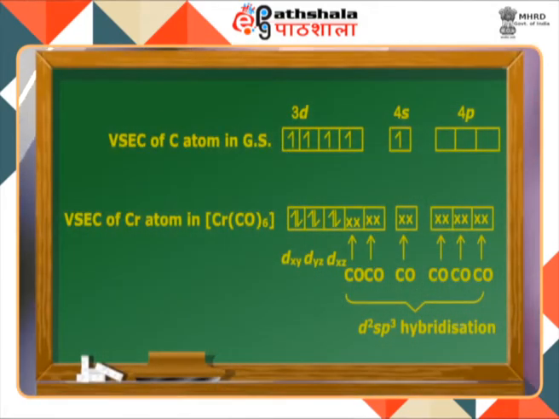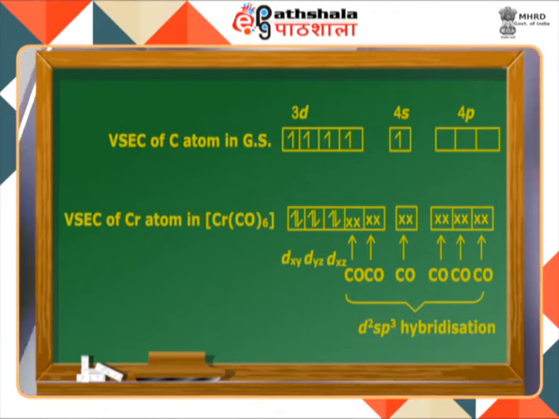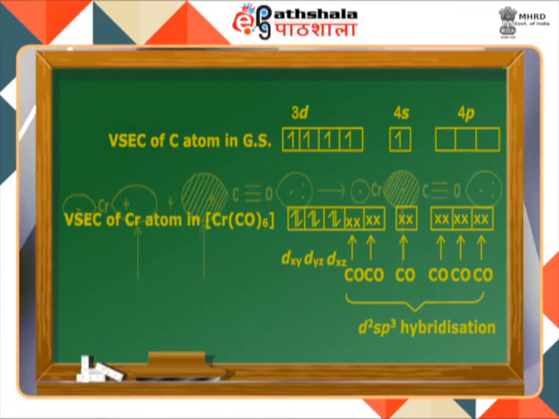Let us illustrate the nature of bonding in the linear MCO linkage taking the example of the chromium carbonyl complex. This complex has an octahedral shape arising from d2sp3 hybridization on the chromium atom. You can see the valence shell electronic configuration of carbon as well as the chromium atom.